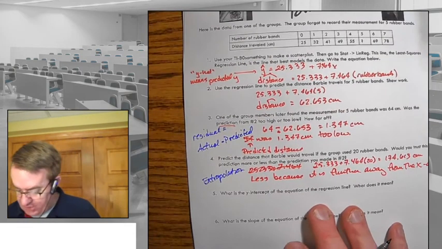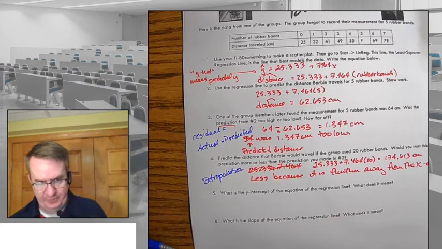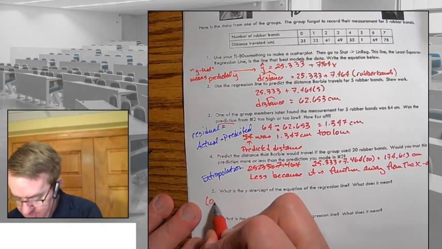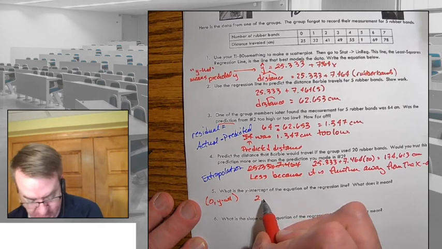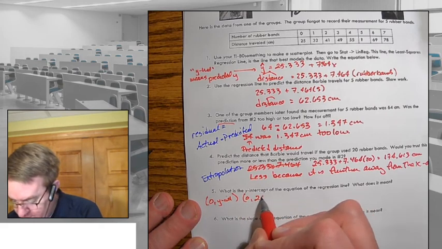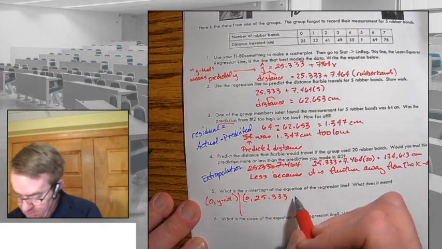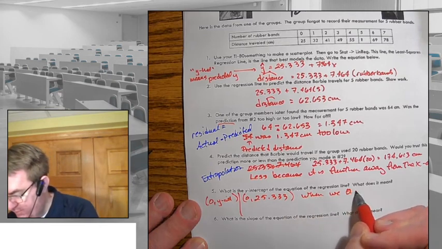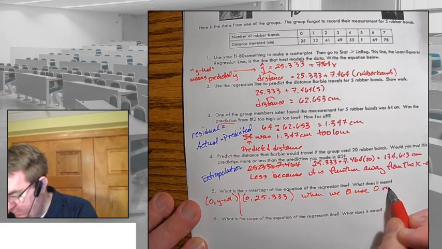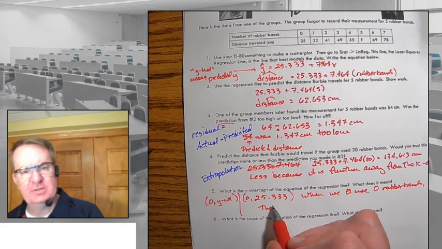So what is the y-intercept of the equation of the regression line? What does it mean? Now this is getting back to some stuff we did back in algebra, so hopefully you will remember some of this. So we've got the point, the y-intercept is (0, 25.333). So that means when we use 0 rubber bands, what type of distance is this?